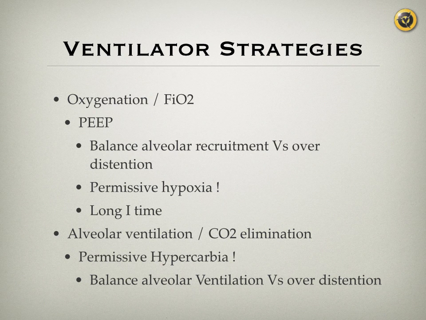So go ahead, allow patients to have carbon dioxide high enough, as long as their pH is staying at 7.25 or 7.2 or above. Now, if you can achieve normocarbia without having to sacrifice increasing pressures or increasing tidal volume, then you can achieve that. However, it's not mandatory.